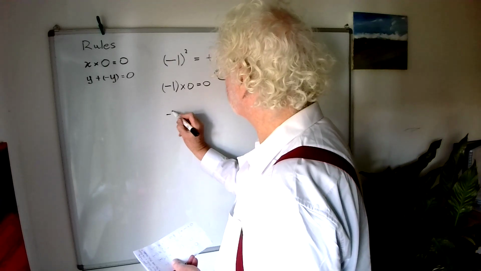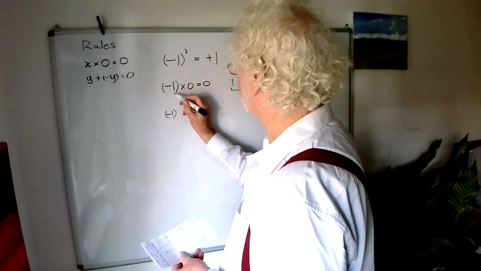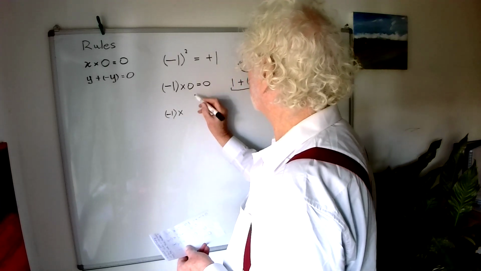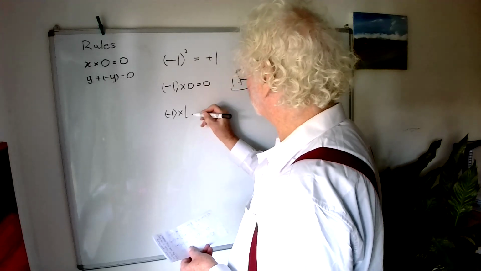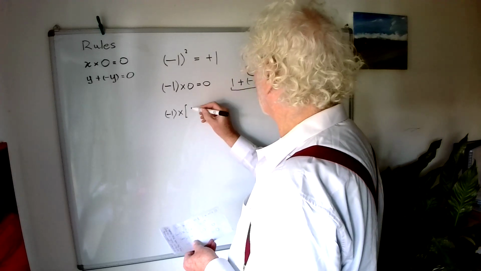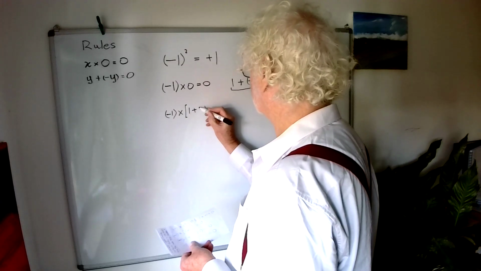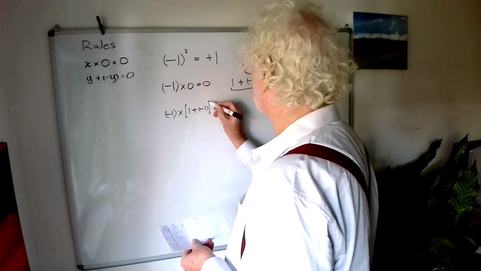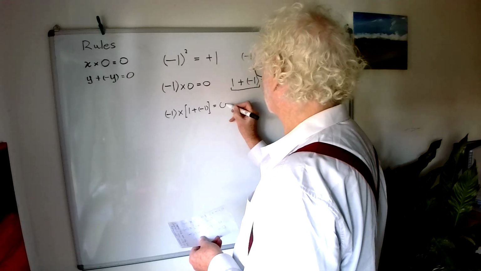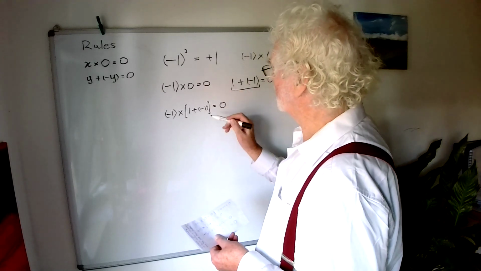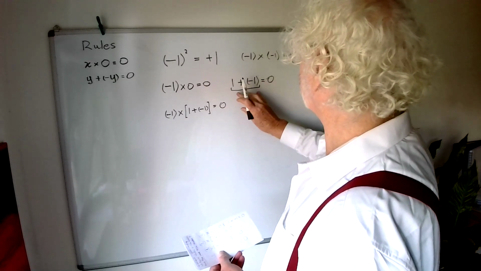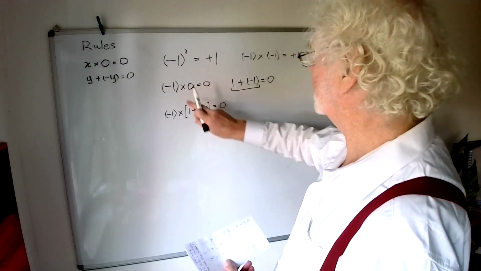So minus 1, that's that minus 1, times, let's put some brackets, 1 plus minus 1 equals 0. That's that 0. All I've done is exchange this for that 0.